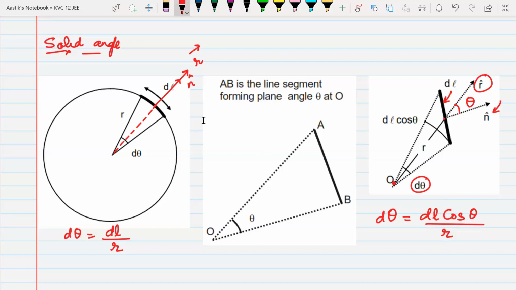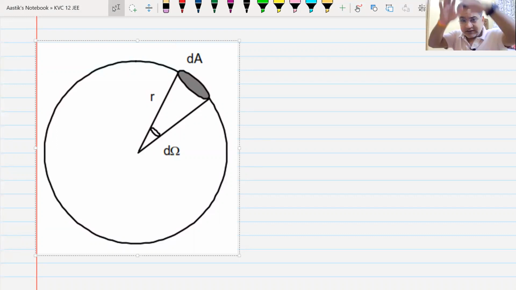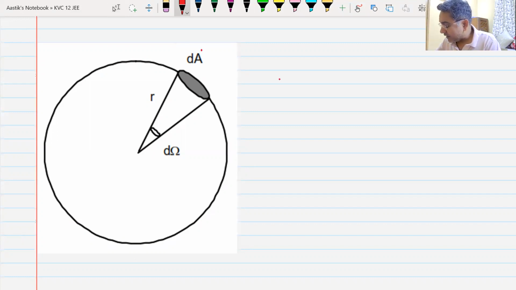So now we come to this. Now imagine a sphere. This is a sphere and you have taken a small segment of that sphere. That small segment has an area dA. Now this area dA subtends some angle at the center of the sphere. This angle is known as a solid angle, and this solid angle is like this.